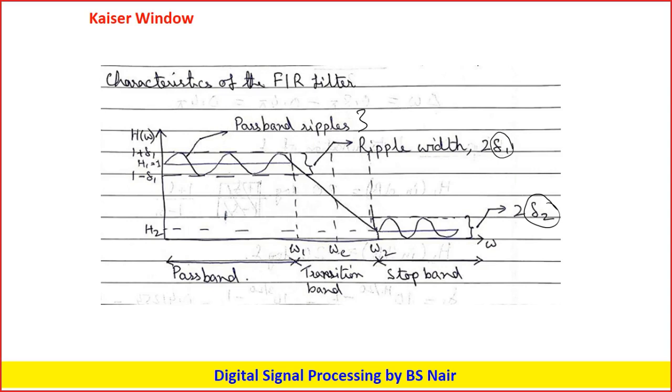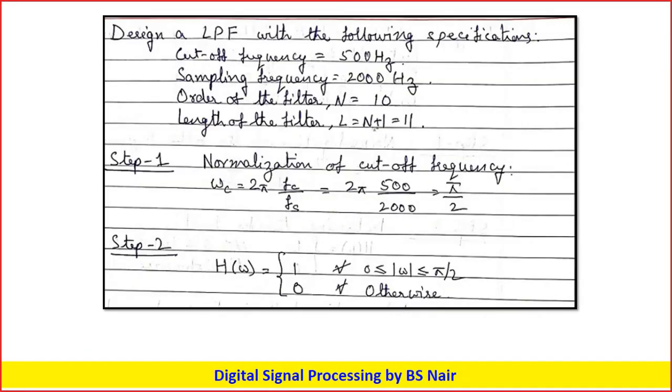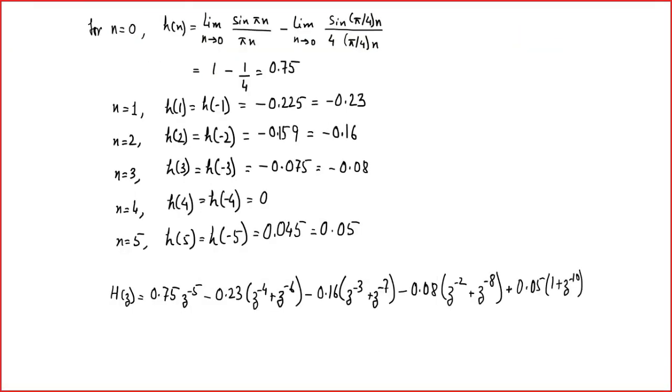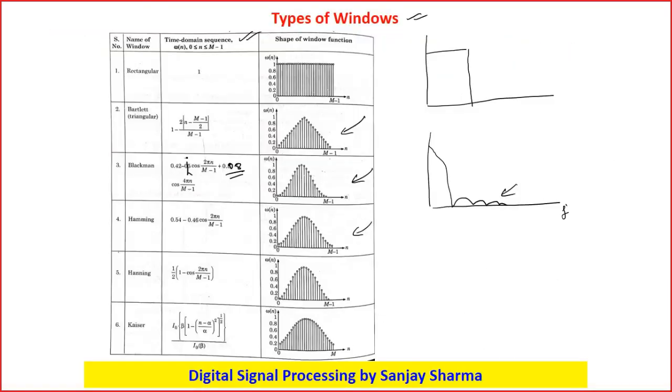When we were designing the filters without windows, we were just taking a specific number of samples and designing the filter. The rectangular window is also doing the same thing. It is suddenly terminating the values.